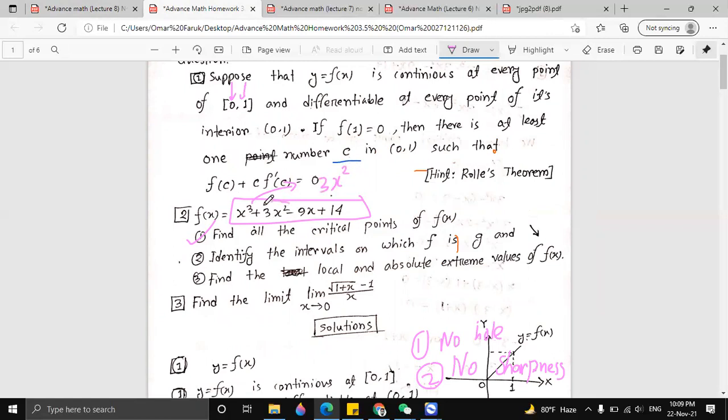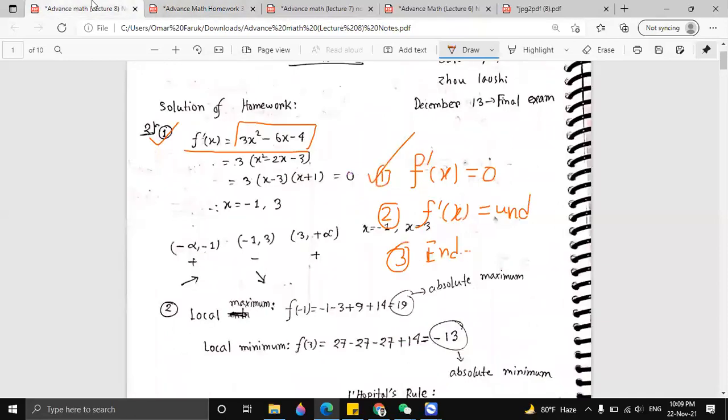And the derivative of 3x squared will be 6x. Do you know how to calculate the derivative of these things? Yes, got it. The derivative of minus 9x will be minus 9. And the derivative of 14 will be 0, because that is a constant function.